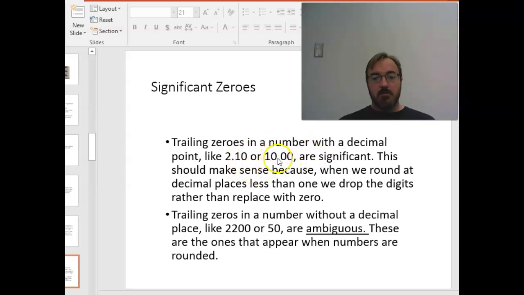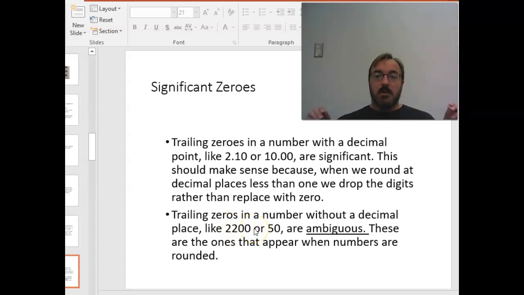And same thing with 10.00. I'm not sure how you would find something that's exactly 10.00 centimeters, but they did. This was part of the measurement. This should make sense because when we round decimal places less than 1, we drop the digits rather than replace them with 0. Next, if I have trailing zeros without a decimal, then this is a problem.